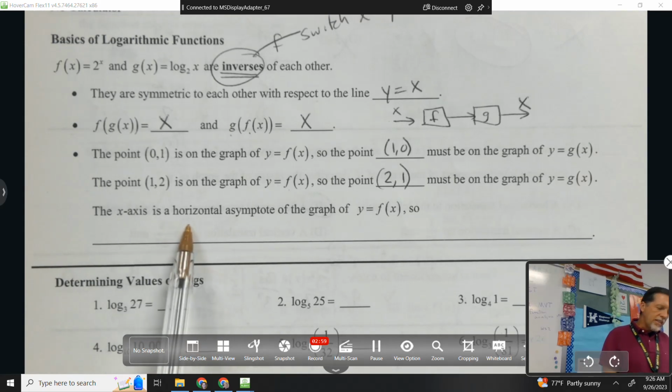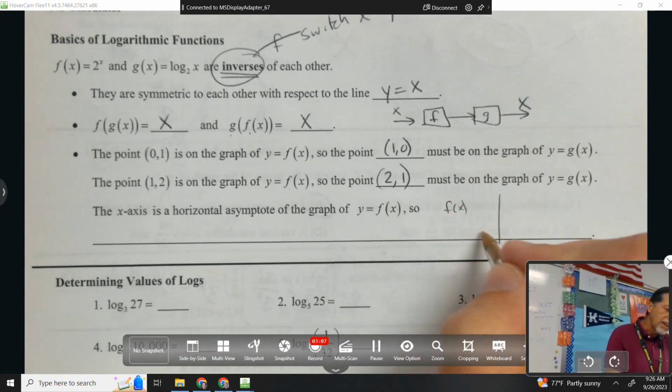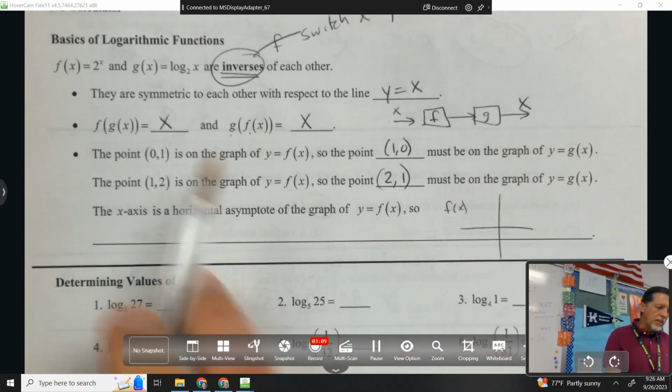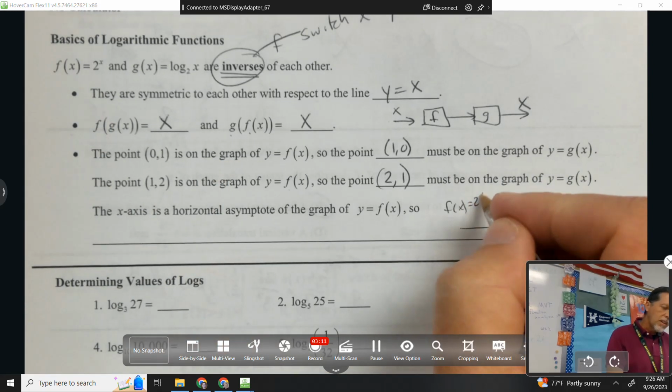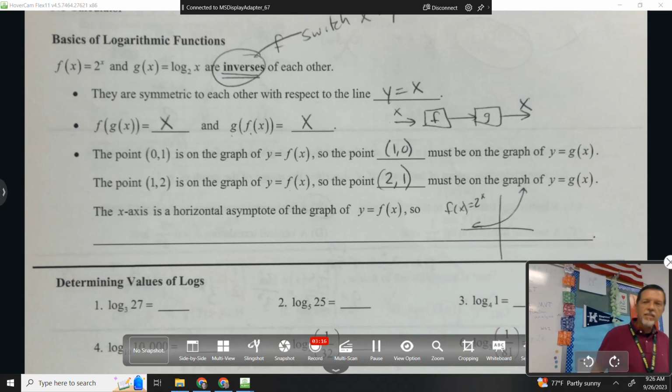The x-axis is a horizontal asymptote for the graph of y equals f of x. Maybe we should remind ourselves what f of x looks like. Let's see, that was 2 to the x. That looked like that.